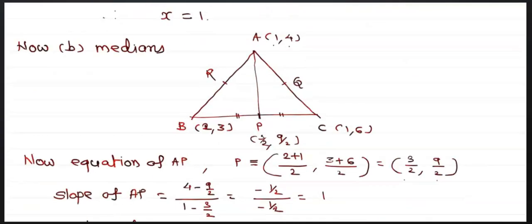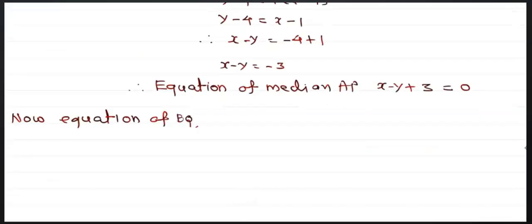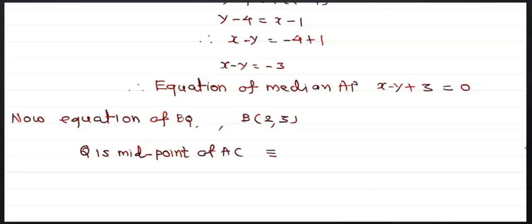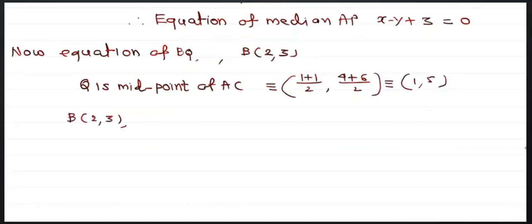Now, equation of BQ. The point B is (2, 3) and Q is the midpoint of AC: 1 plus 2 upon 2, 4 plus 6 upon 2, that is (1, 5). B is (2, 3).